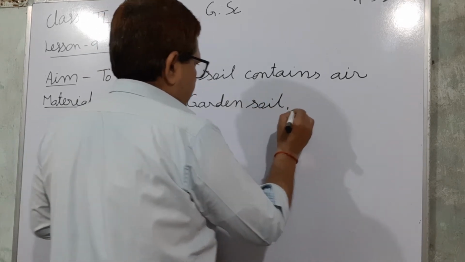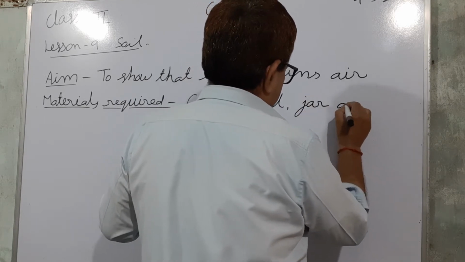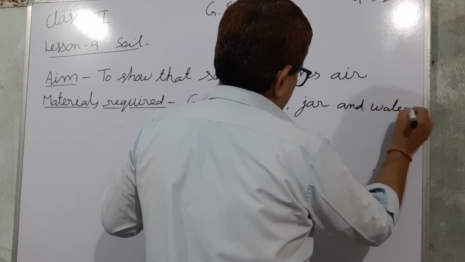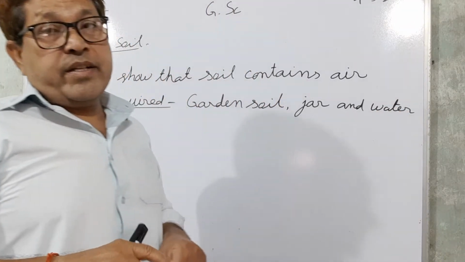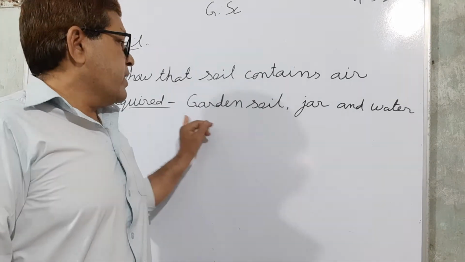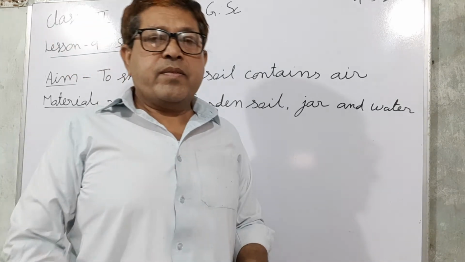Only three things are needed. One is garden soil, jar, and water.